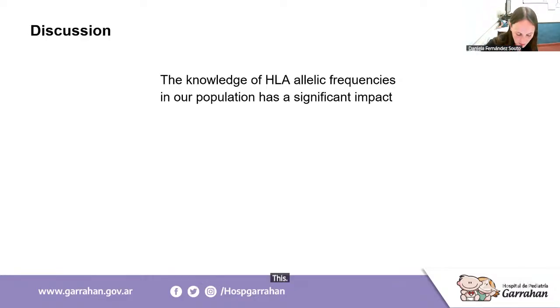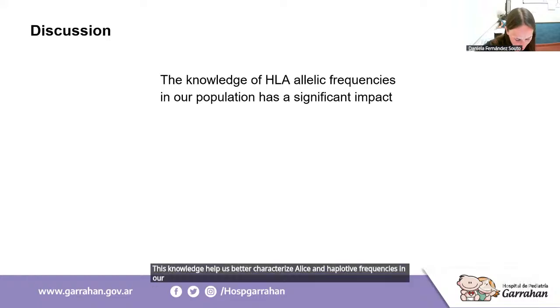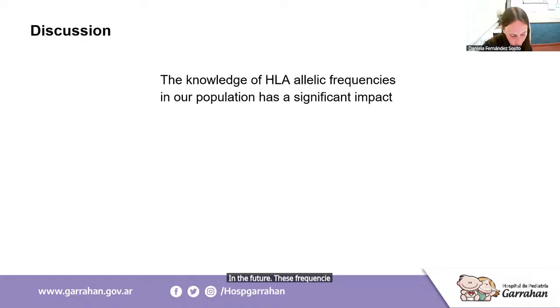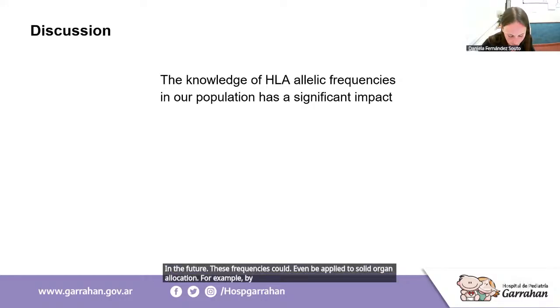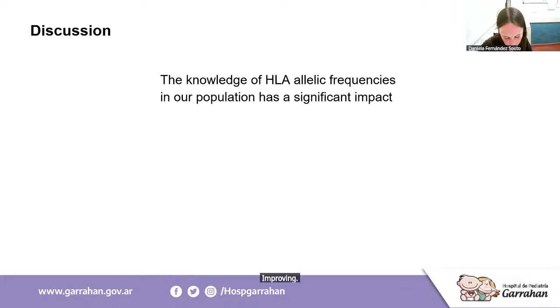This knowledge helps us better characterize allele and haplotype frequencies in our populations. And here's our ultimate goal. In the future, these frequencies could even be applied to solid organ allocation, for example, by calculating the panel reactive antibodies, improving donor-recipient matching and patients' outcomes.